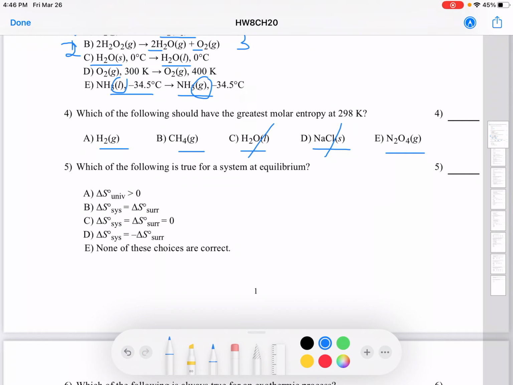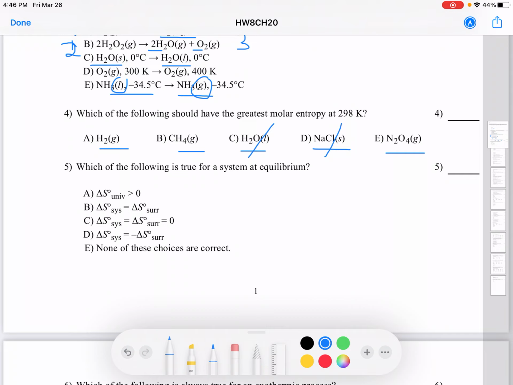Number 5, which of the following is true for a system at equilibrium? The first one, delta S naught greater than 0, doesn't have to be. B, delta S naught system equals delta S naught surrounding when a system is at equilibrium. Well, it's the same amounts. C, delta S system equals delta S naught surrounding equals 0, which we also don't know. And D, delta S naught system equals negative delta S naught surrounding.